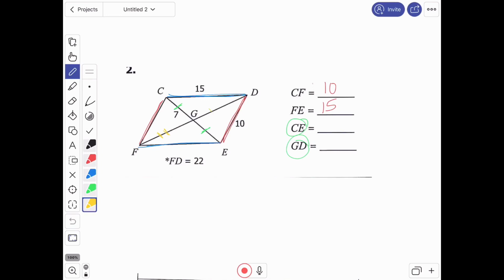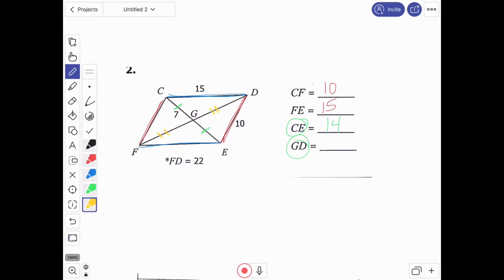Now I don't know if these are all congruent, but I know each diagonal respectively has two congruent sections. So since CG is 7, that means GE is also 7. So if I want to find this whole thing of CE, I have to take 7 plus 7, or 7 times 2. So that makes this 14.